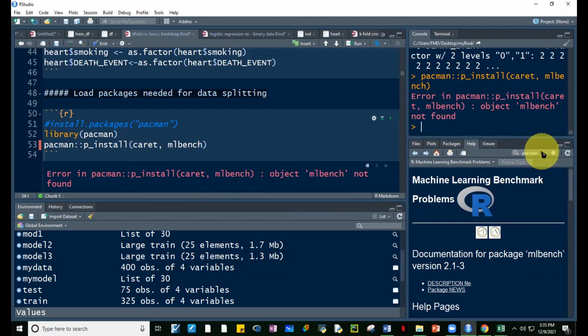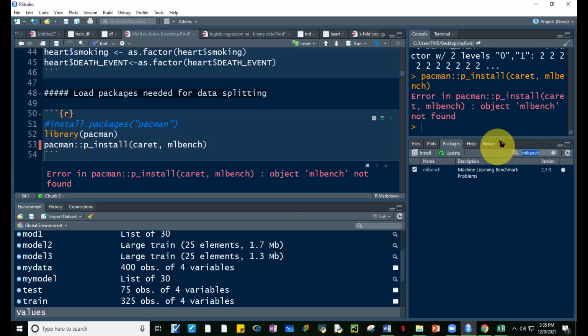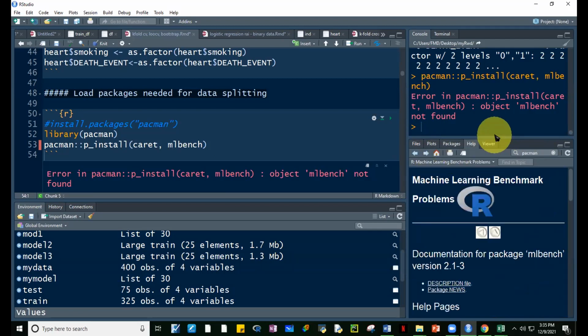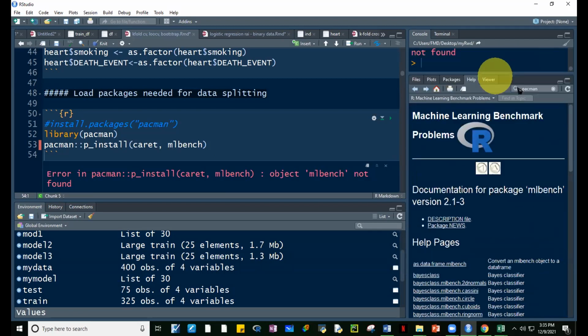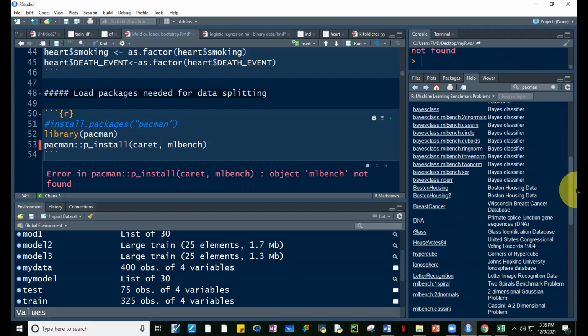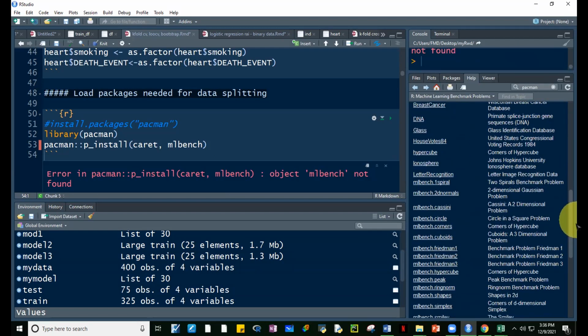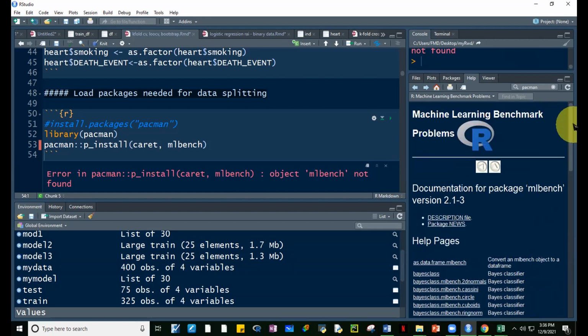Let me go to Pacman. If you click this, ito yung mga functionalities niya. For example, this one. Ano to? ML Bench pala to.